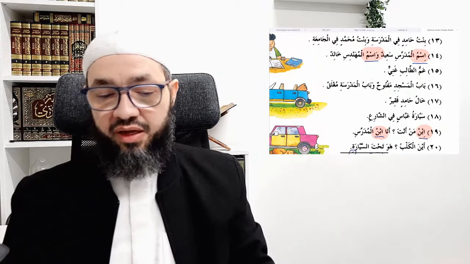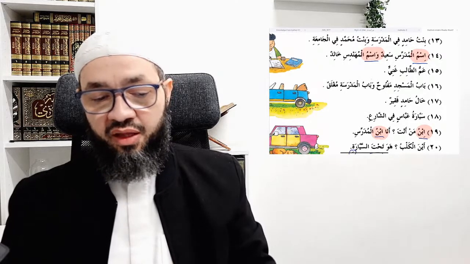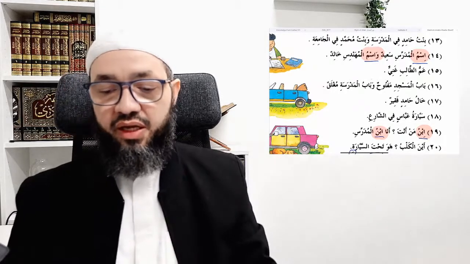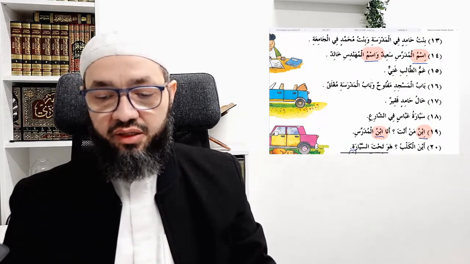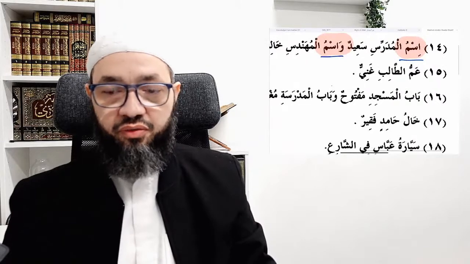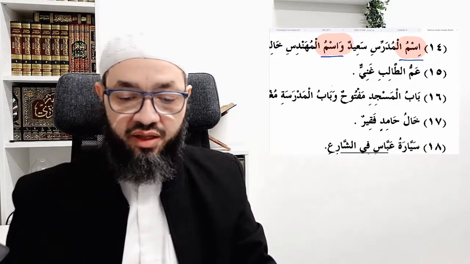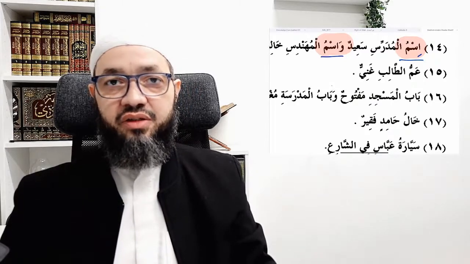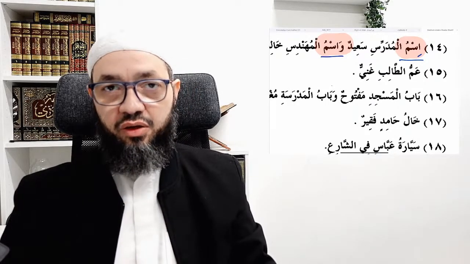What do I mean by that? If you look at the word ismul mudarrisi, there's an alif at the beginning of it. They've put a little kasra here to show that you pronounce ism.